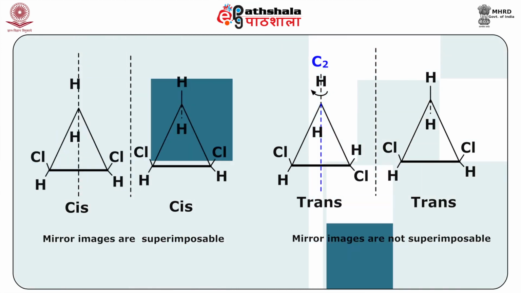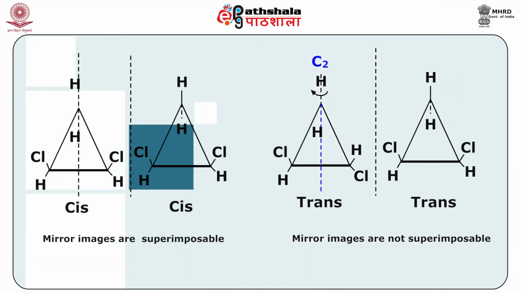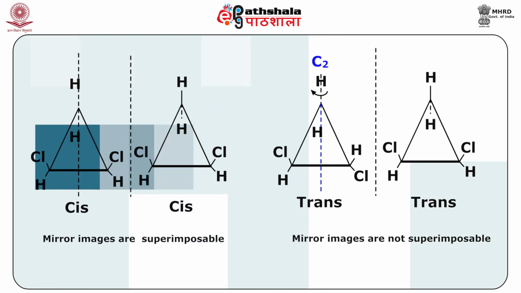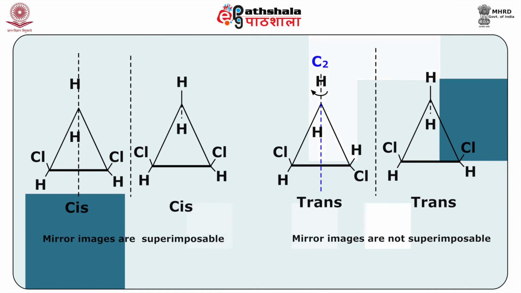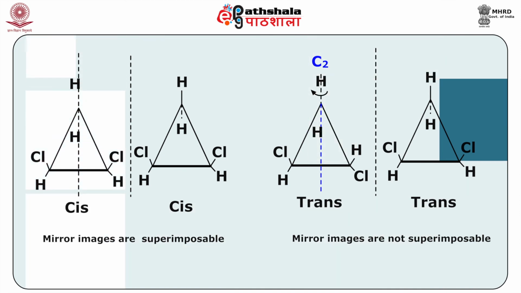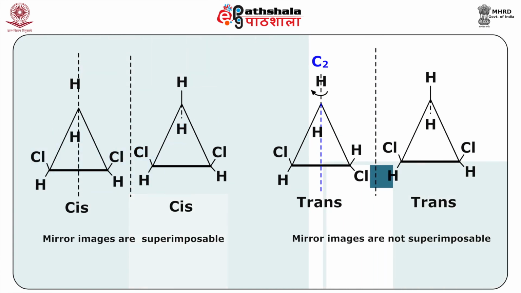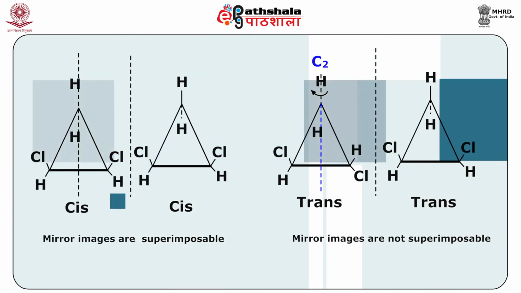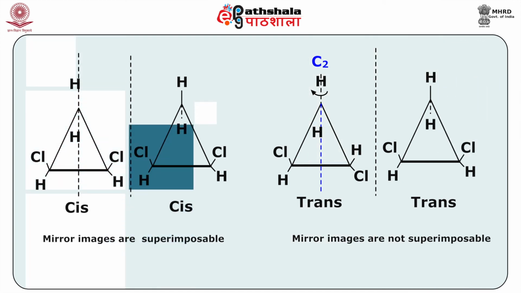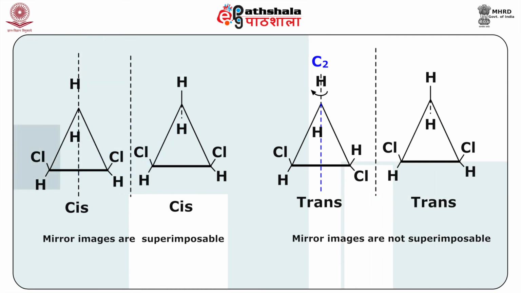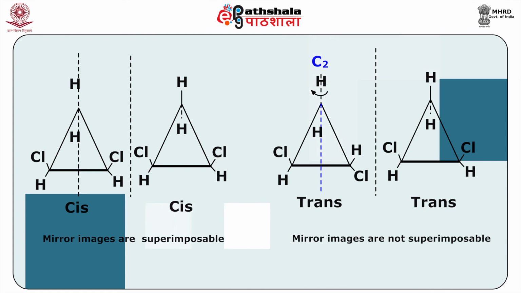The trans form has a C2 axis in the plane of the three-membered ring, bisecting the C-C bond bearing the chlorine atoms and passing through the carbon which has two hydrogen atoms attached to it, as shown. Thus, trans 1,2-dichlorocyclopropane does not have sigma or S2 axis, so it is optically active.